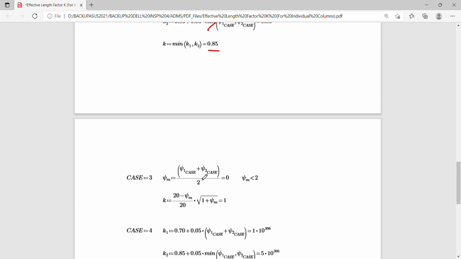So this is now a psi mean. We take the mean of the two, which is actually 0. Then we get the value of k on basis of this formula. So we then consider k becoming equal to 1. Take note that this formula is only valid if this condition is satisfied.